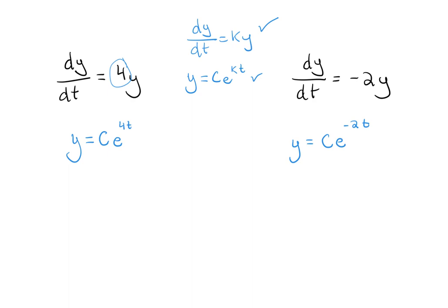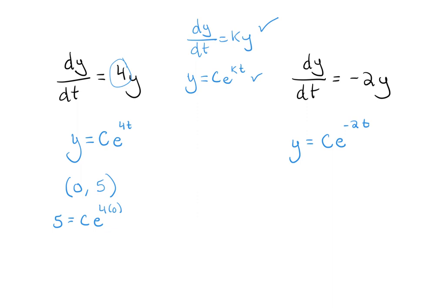And then if you're given additional information, like the initial conditions where x is 0 and y is 5, you could plug that in and solve for c. So 5 equals c e to the power of 4 times 0.